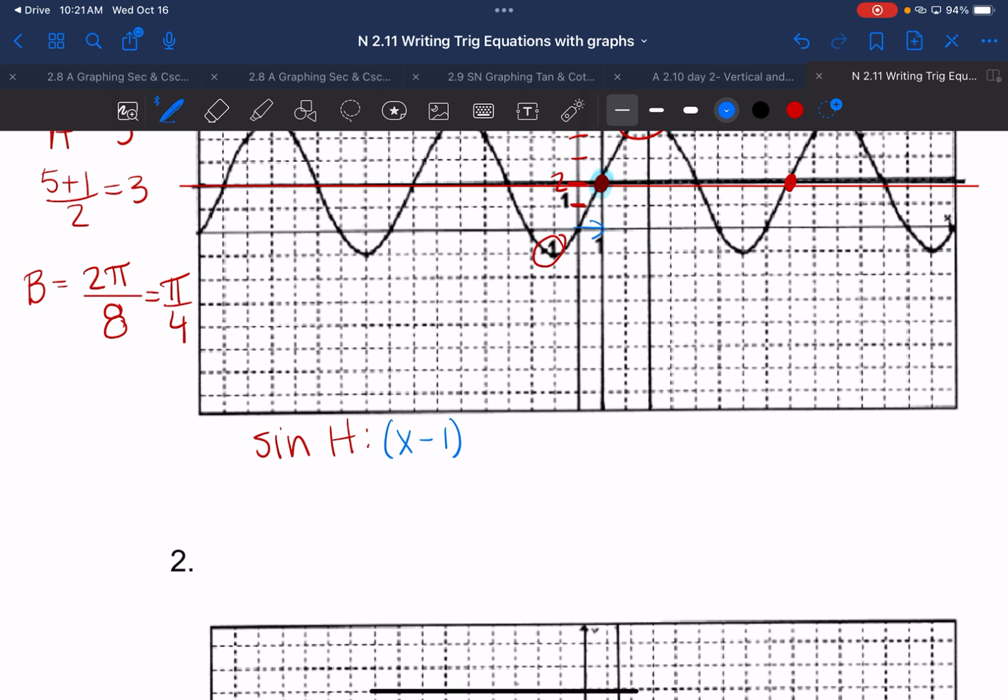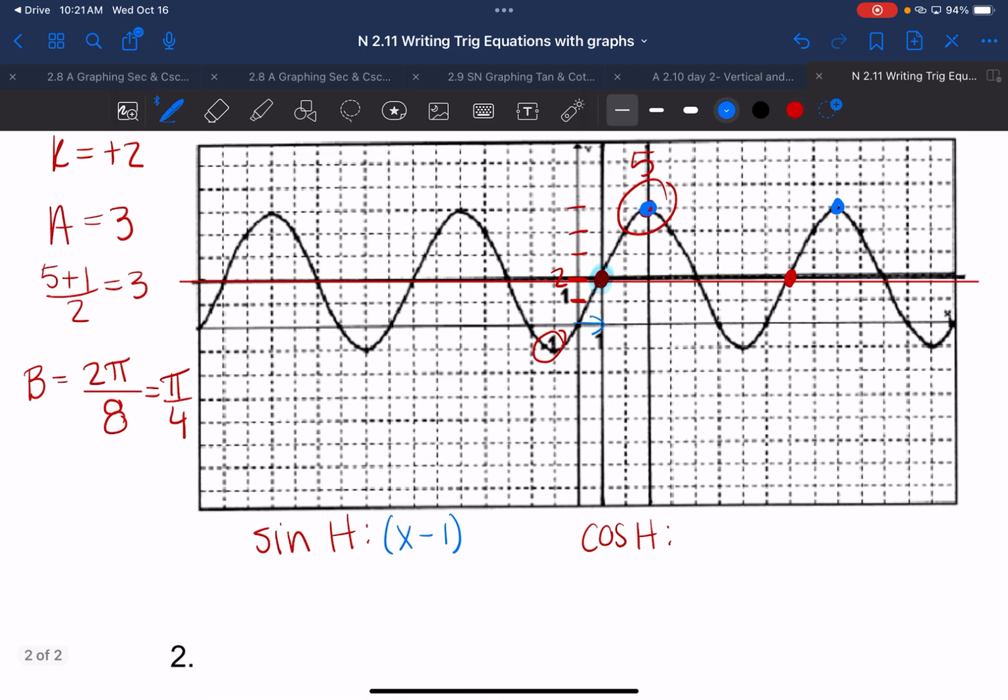Okay? All right. But for my cosine, when I'm looking for H for cosine, remember that one is going to be this point up here in blue where I circled it and put a 5 above it, because cosine starts at a maximum, right? Okay, and it normally is at 0, 1. But it would appear that it scooted over a little bit as well, right?